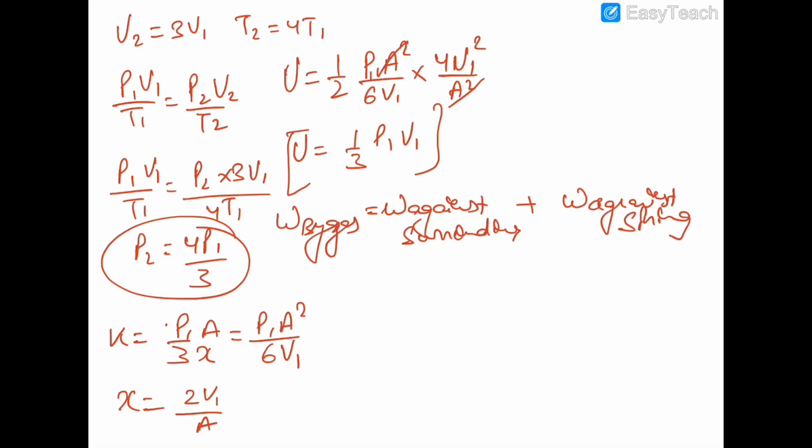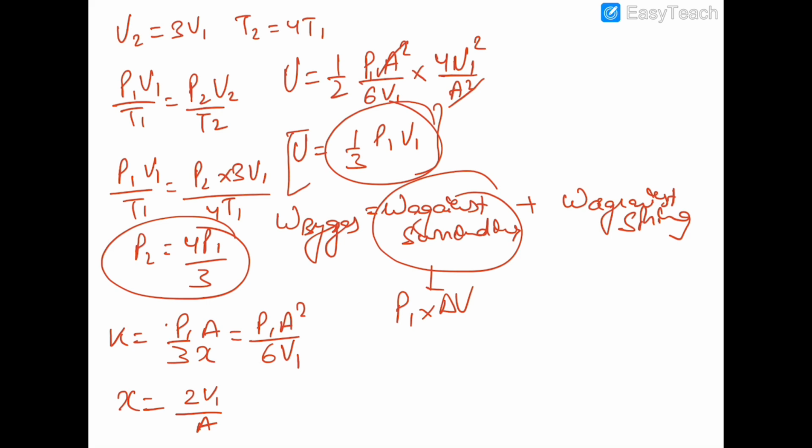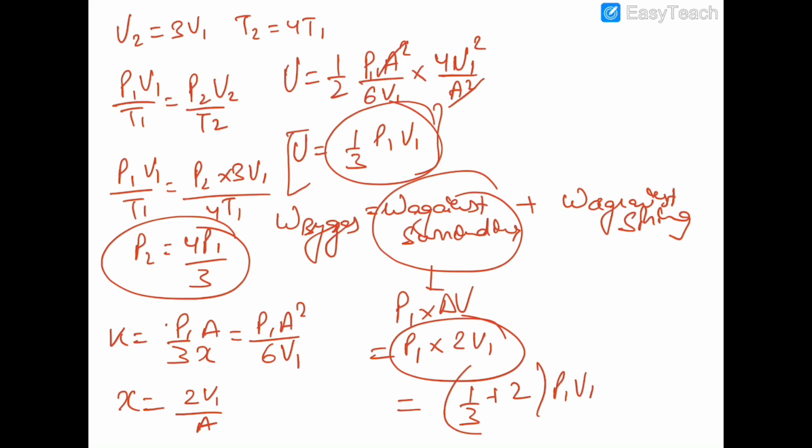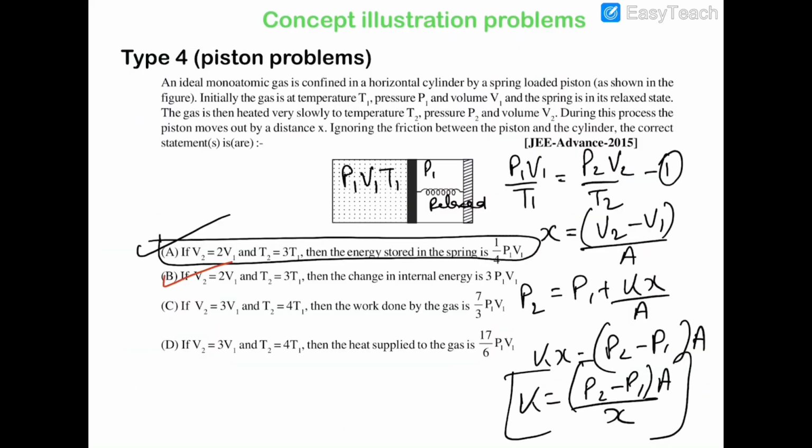The work done against spring is half of 1 by 3 P1 V1, and work done against surroundings will be P1 into delta V, because the pressure of the surroundings is constant. So it would be P1 into delta V, which is 2V1. Okay, so the total will be 1 by 3 plus 2 P1 V1. So it would be equal to 7 by 3 P1 V1. So the work done by the gas will be 7 by 3 P1 V1, C option.